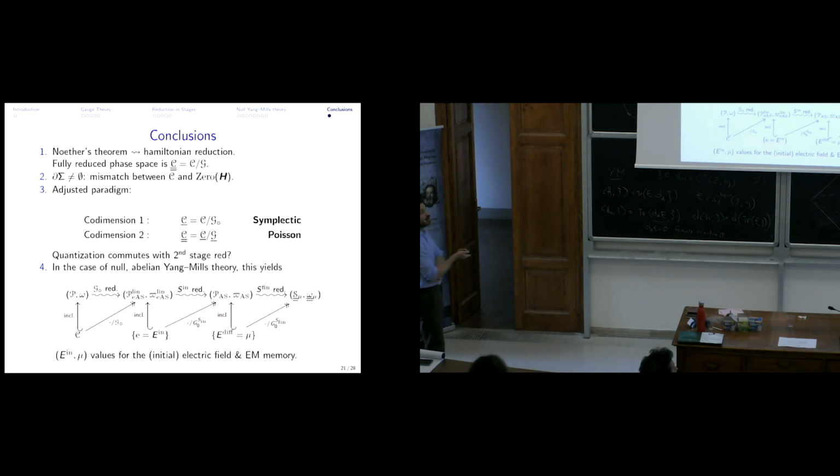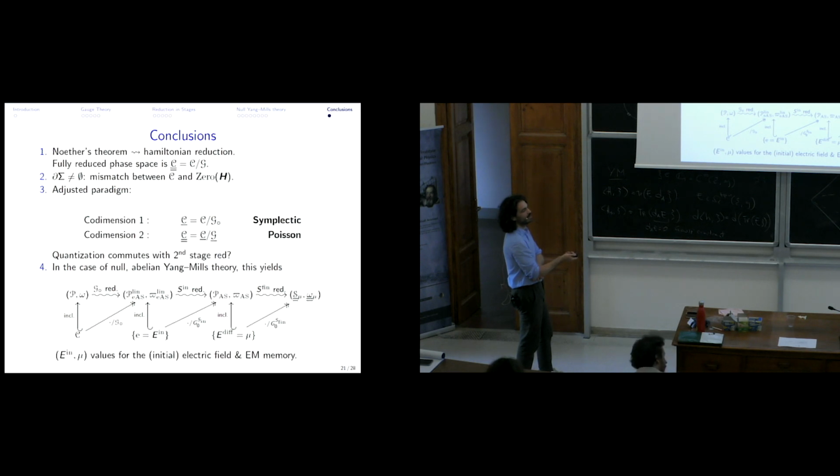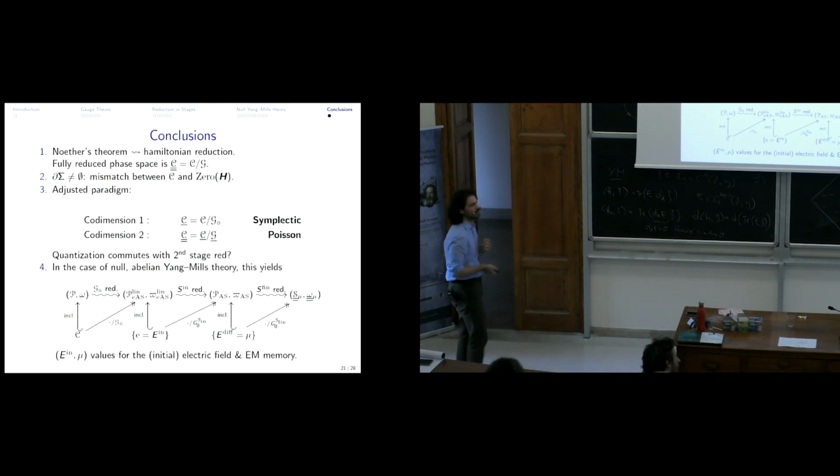In the particular case of null abelian Yang-Mills theory, this is the structure that you get. If you want to obtain this Ashtekar-Streubel phase space, which is central in the investigations of physics, you need to work a little bit more.